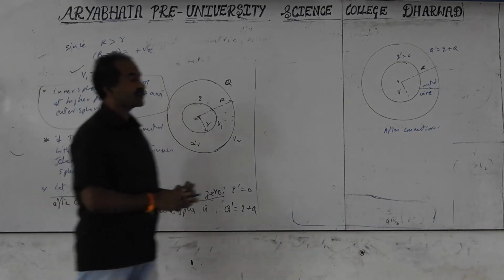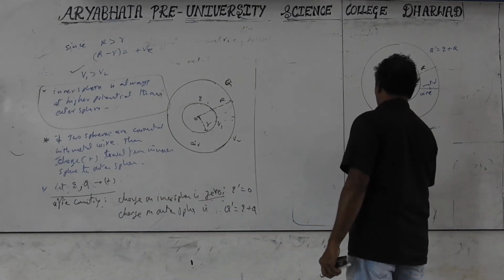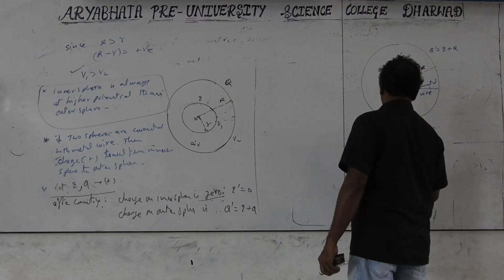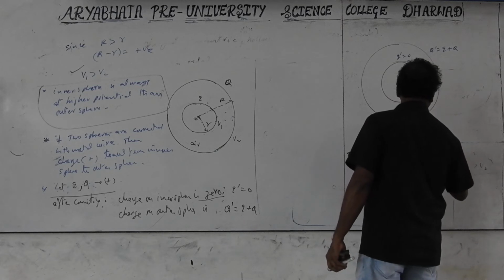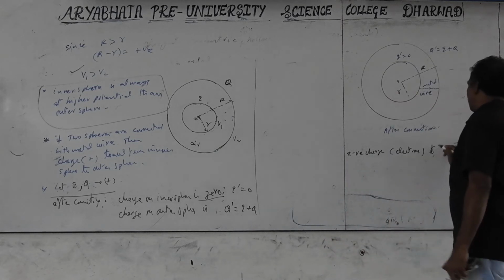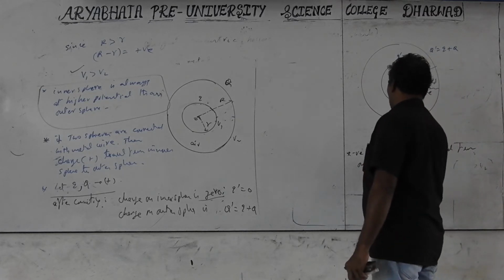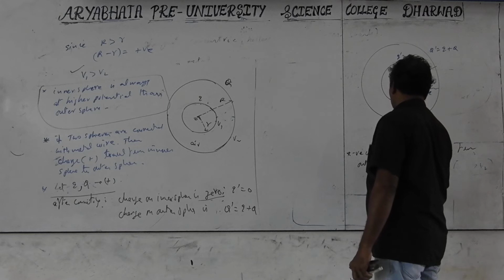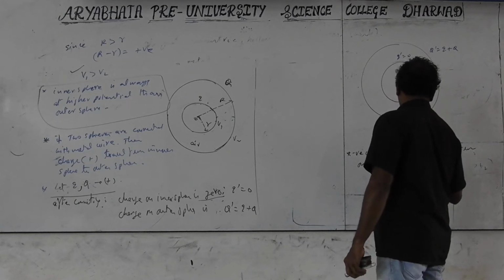Whatever the charges, negative charges travel in the reverse direction. Negative charge means electrons, which flow from the outer sphere to the inner sphere.